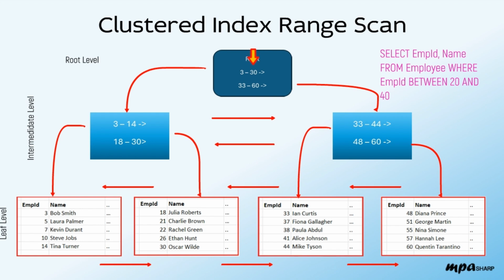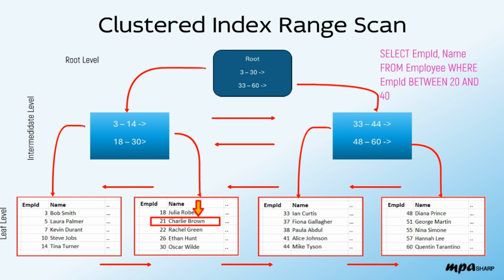In the root node, we find out that starting employee ID 20 is in the left intermediate node. So we go to the left intermediate node. From the left intermediate node, we find that starting employee ID 20 is in the right data leaf node. So we go to the right data leaf node and we don't find 20, but we find 21.